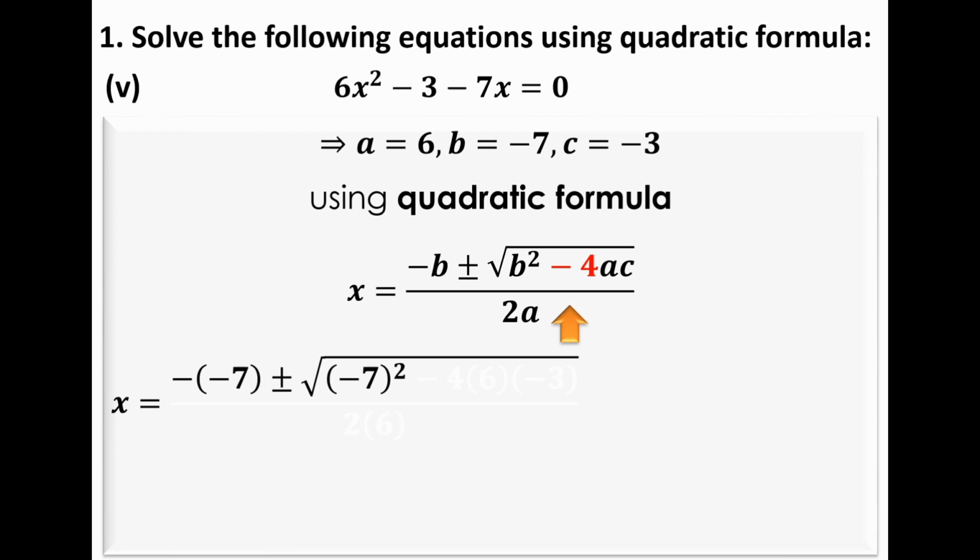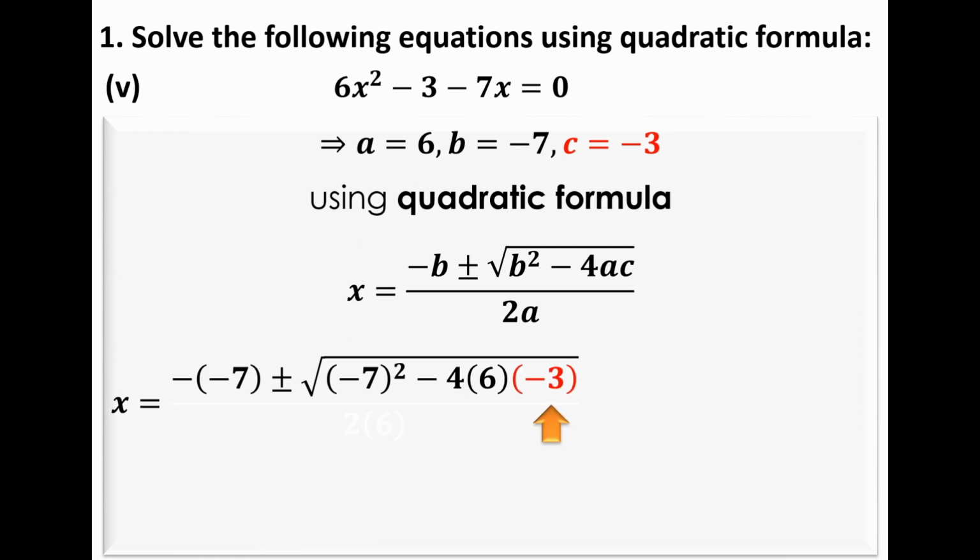This minus 4 is written as it is. Next, we have a, and the value of a is 6. So, 6 is written here. Next, we have c, and the value of c is minus 3.